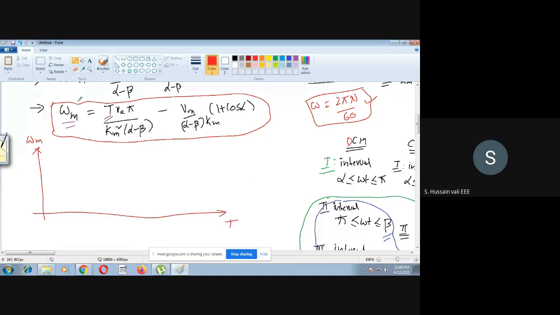So you see now yourself, omega m is here, T is here. What about the remaining things? The remaining things are Vm by alpha minus beta into Km, into 1 plus cos alpha. We have got this expression here.